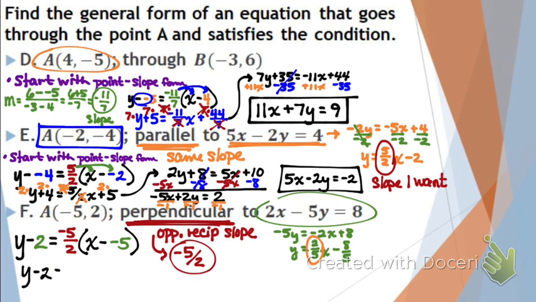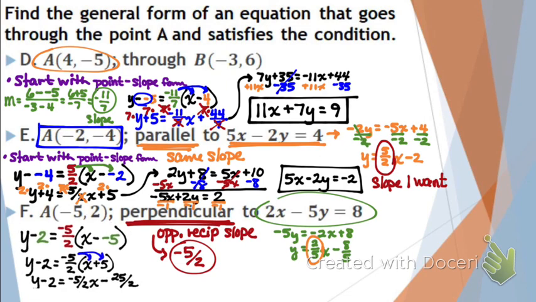Y minus 2 equals negative 5/2 times x plus 5. I'm going to distribute that negative 5/2. Y minus 2 equals negative 5/2 x minus 25/2.